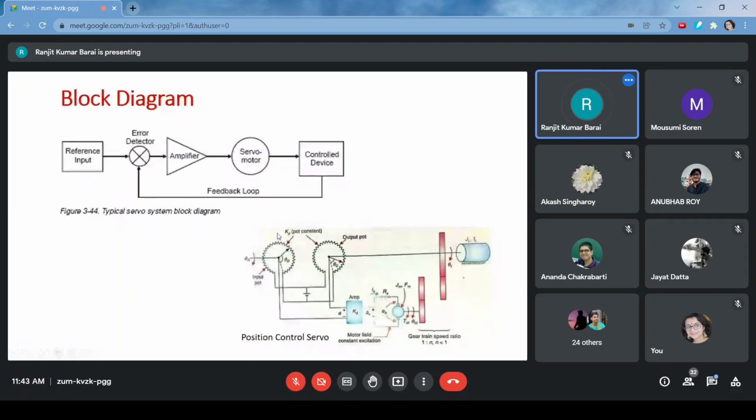So say the input position of this potentiometer is kept as reference position, angular position of the motor, say. And I have coupled the output shaft with this potentiometer, the motor shaft.